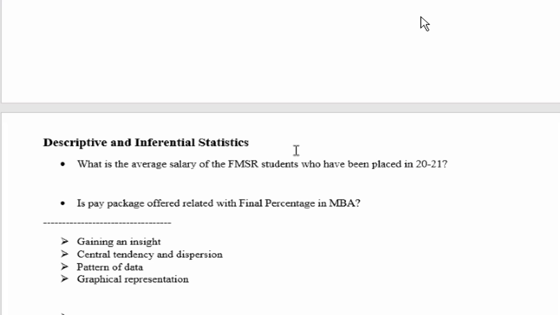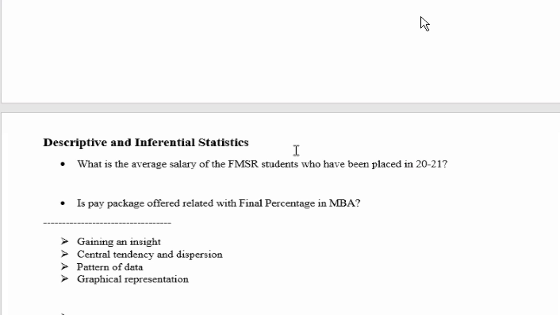For example, if my project is such that I want to answer this first question on the screen, what is the average salary of FMSR students who have been placed in 2021? So what we do is collect data from this 2021 batch who are placed in the corporate world or those who are working on their own.